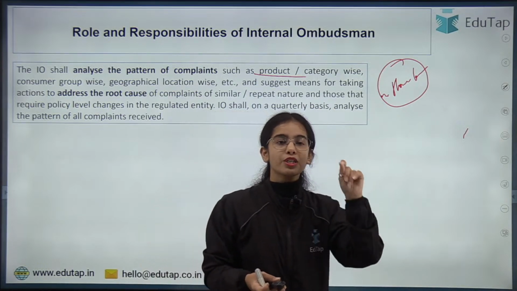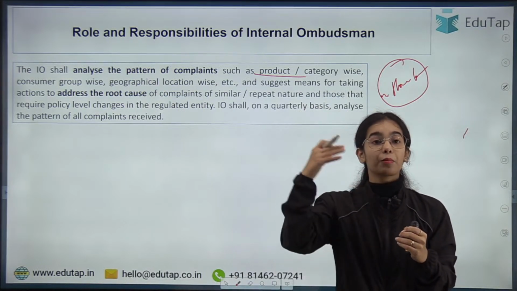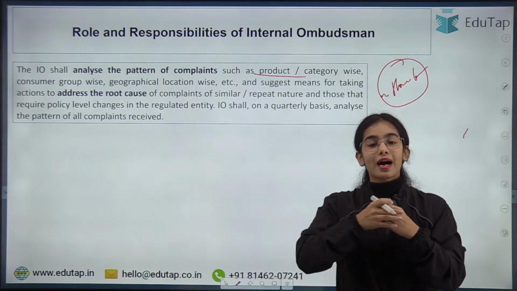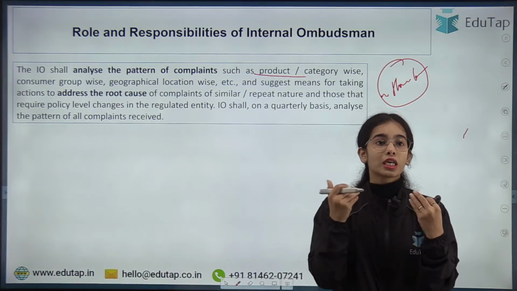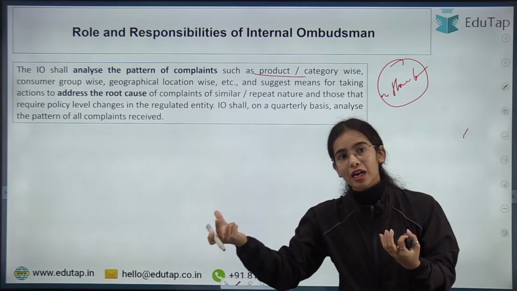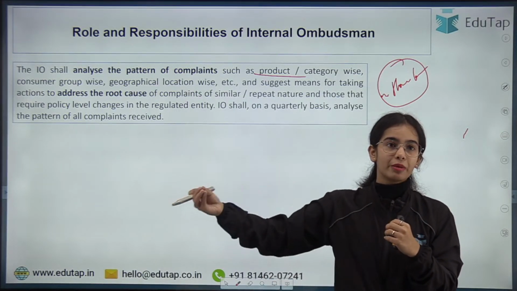So the internal ombudsman shall analyze the pattern of complaints: category wise, where complaints are coming highest in home loan; consumer group wise, such as the highest complaints coming from farmers or from businessmen. The consumer group raising the most complaints means the bank is not able to cater to that group well.